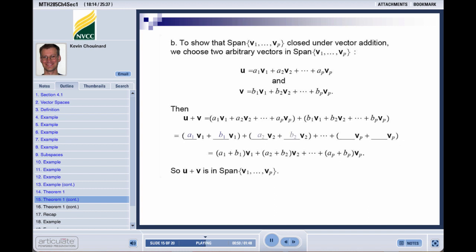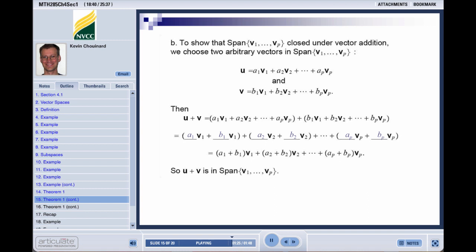And according to the properties of vector spaces, you can use the distributive property to factor out v sub 1, and factor out v sub 2, and factor out v sub p. And when we do that, what we have is a sub 1 plus b sub 1 as the coefficient on v sub 1.